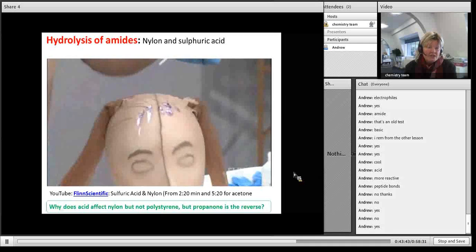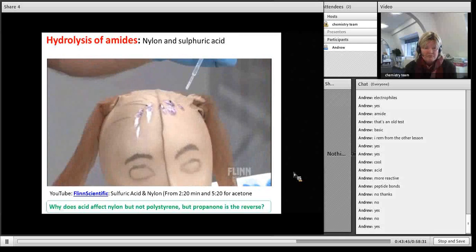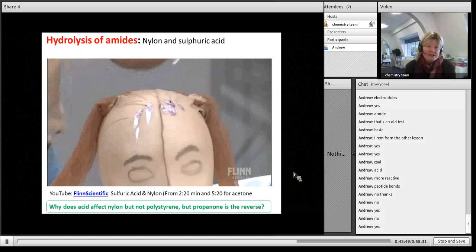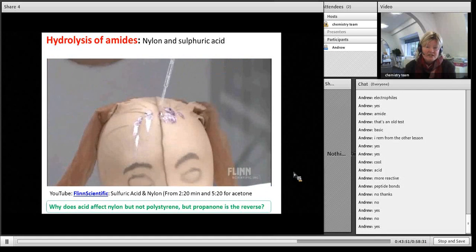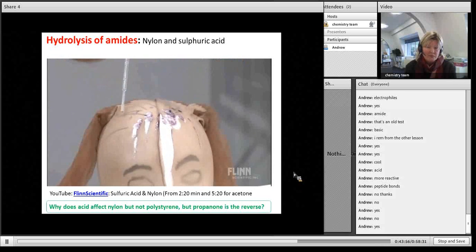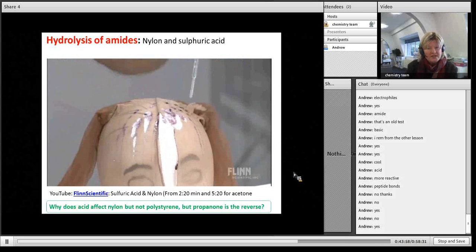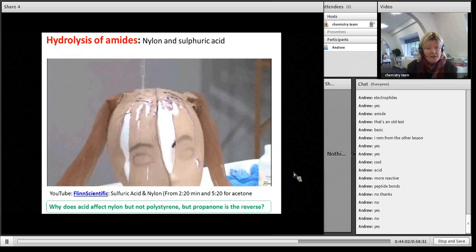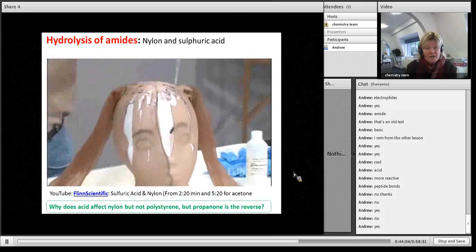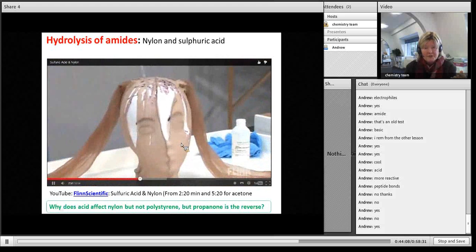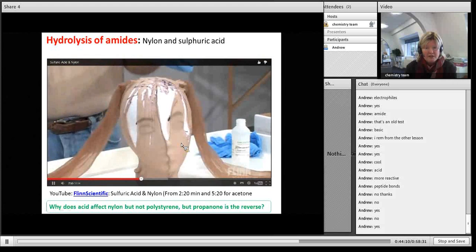Nylon is an amide polymer, so you can already see what's happening. As he adds it, you can see how it's just breaking up. Notice the polystyrene head underneath is not reacting. Polystyrene is an addition polymer. The nylon is a condensation polymer. So those are both polymers, but they're different types.